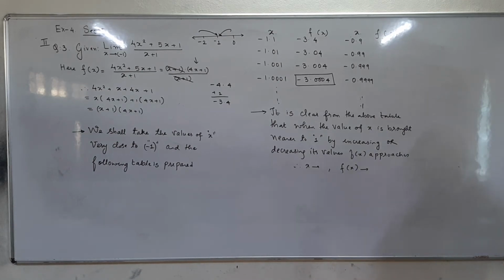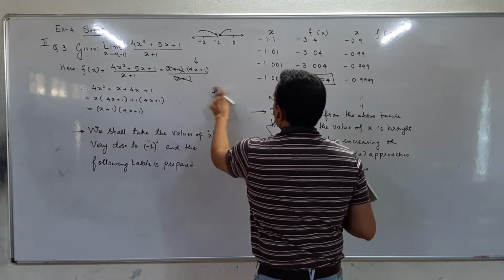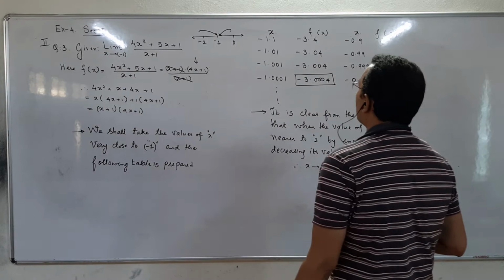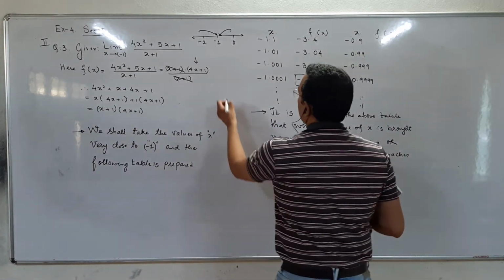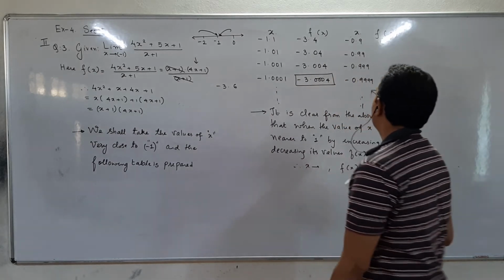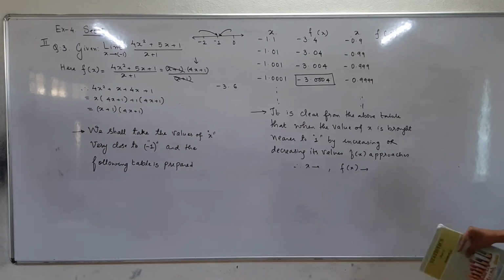Same way, 4 into -0.9. Students, pay attention first. 4 into -0.9 will be -3.6. Pay attention, students. 9 4s are 36. So -3.6 plus 1 will be -2.6.